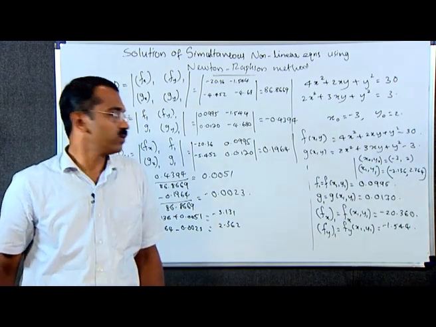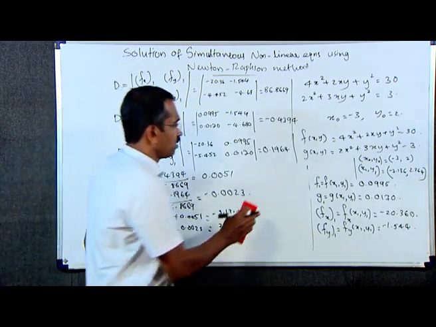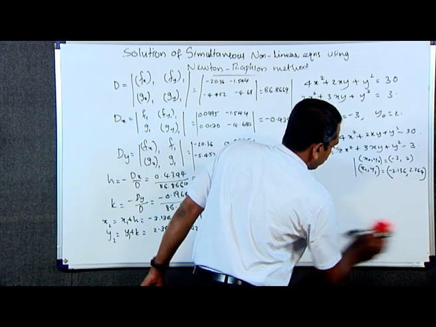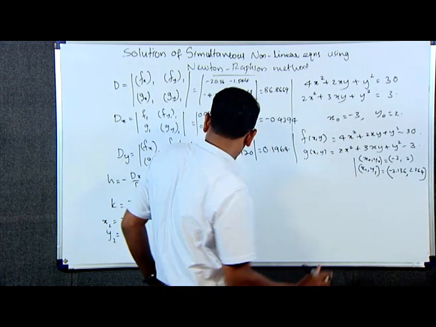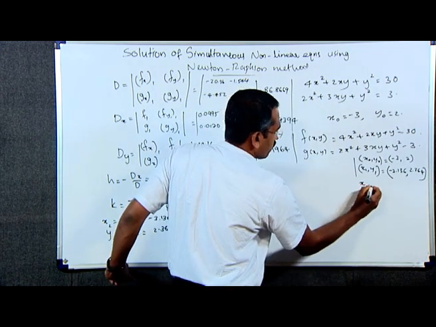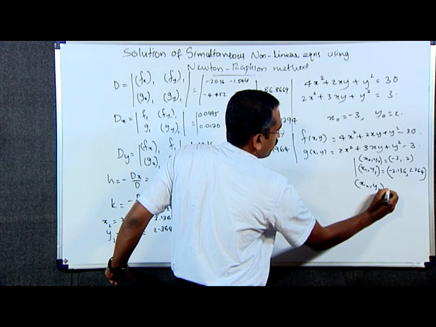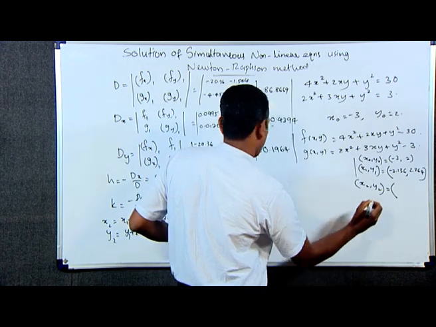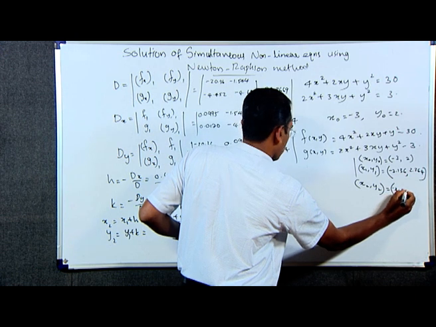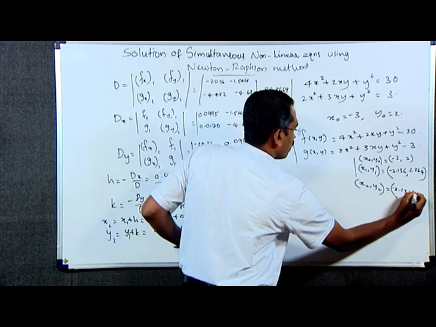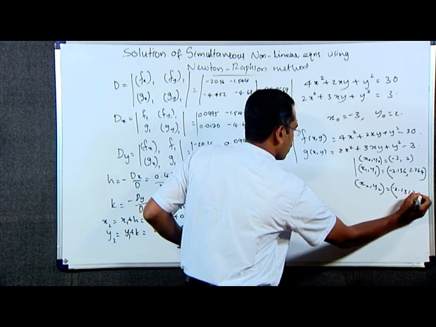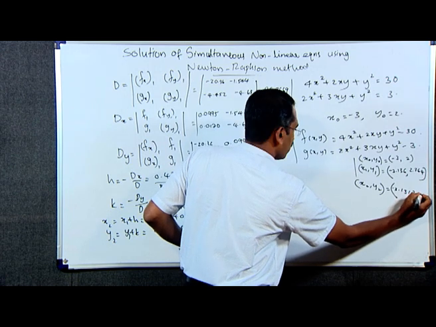These are the new approximations for x, y, that is x2, y2 is minus 3.131 and 2.362.